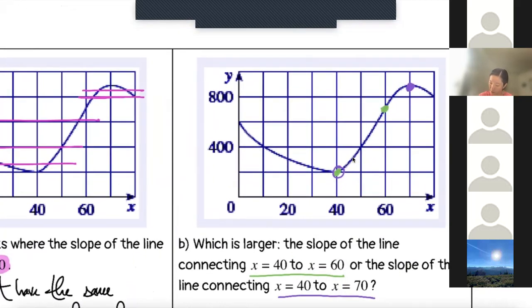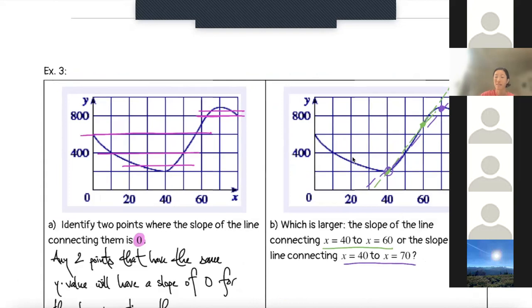All right. If we were to sketch the line that goes between these, that might be the green one. And then the purple one looks to be pretty close, but maybe it's a touch less steep.